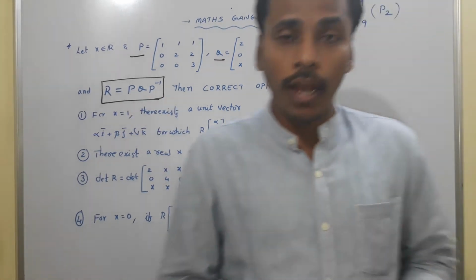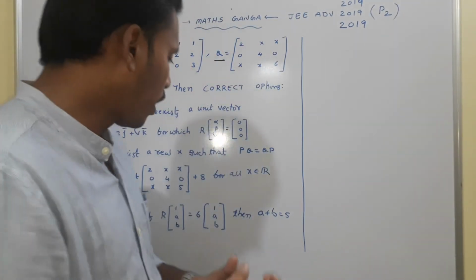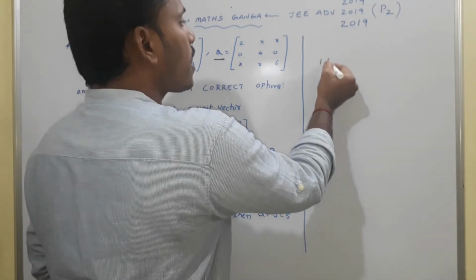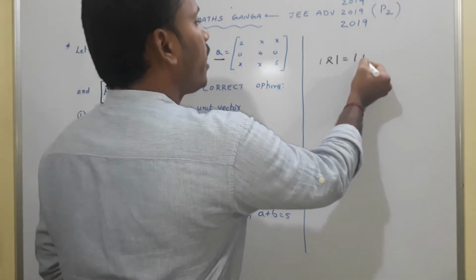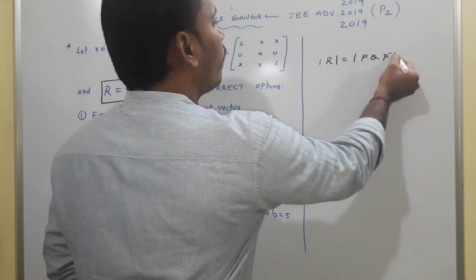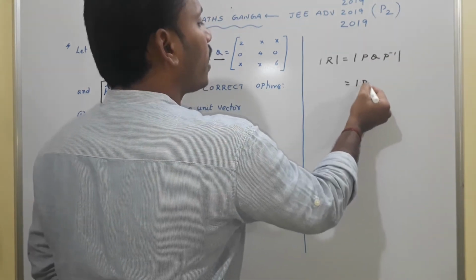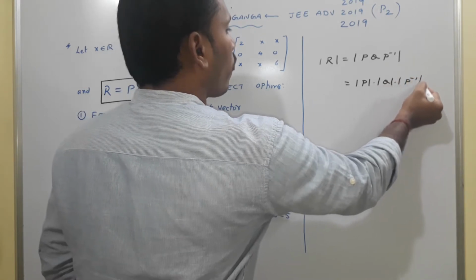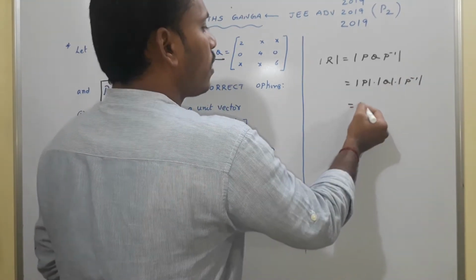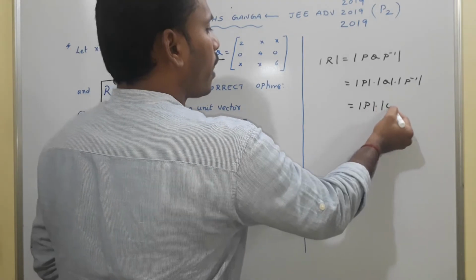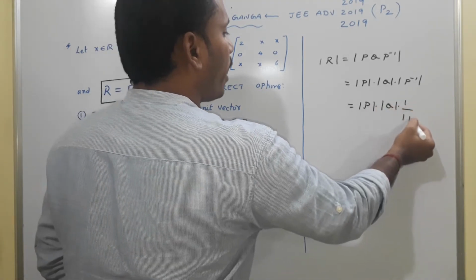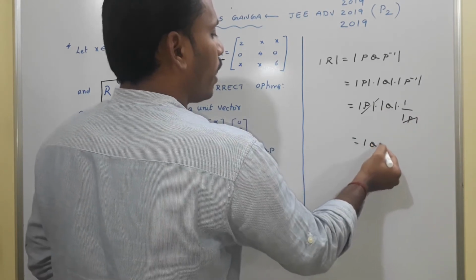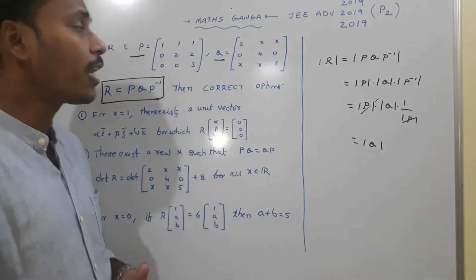We come across so many problems in our regular materials related to this PQP inverse. The determinant of R is the determinant of PQP inverse, and I can write it as determinant of P into determinant of Q into determinant of P inverse, which is determinant of P, determinant of Q, and 1 by determinant of P. These two get cancelled and I am left with the determinant of Q. But what is the determinant of Q?